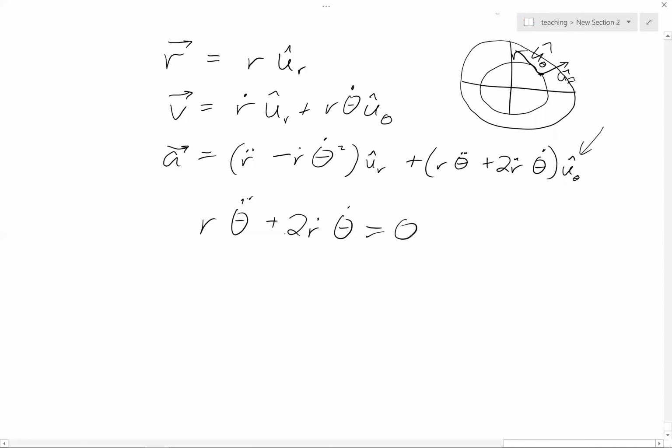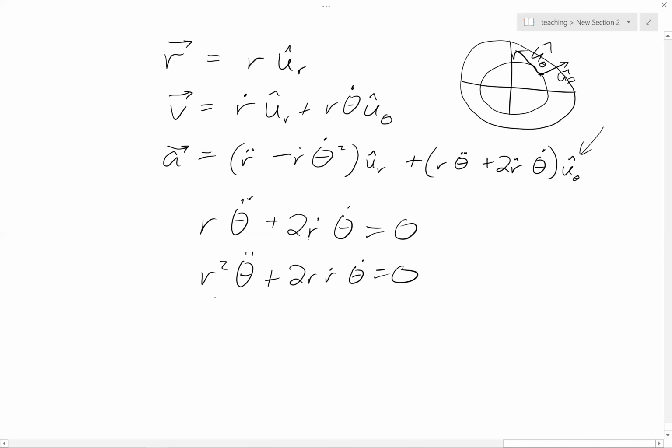When I see this r and this 2 r dot, I think r squared should somehow come into play. So I multiply this whole equation by r, so I get an r squared.